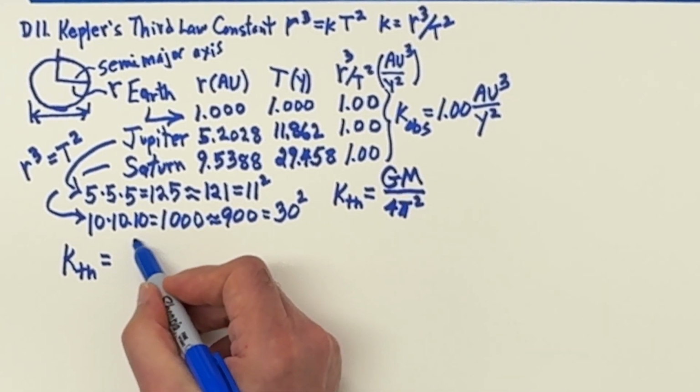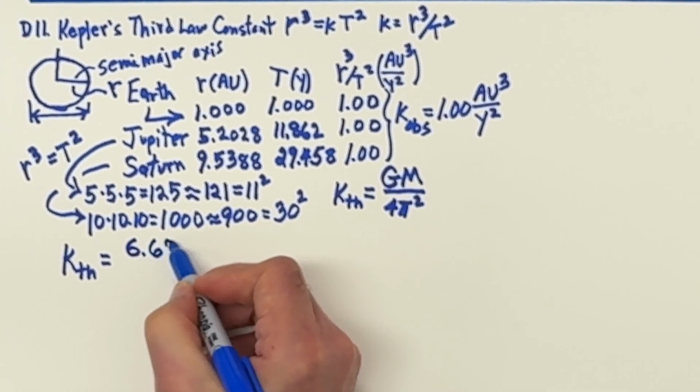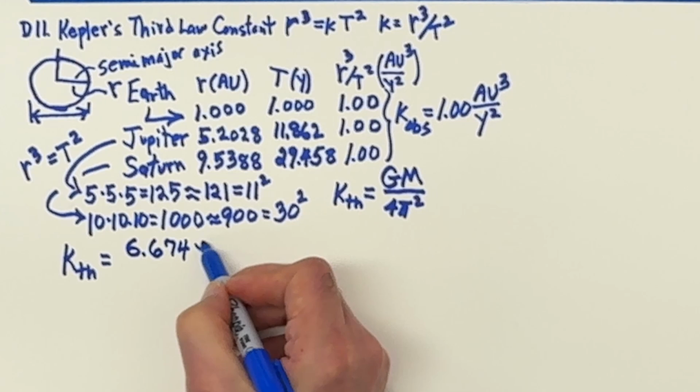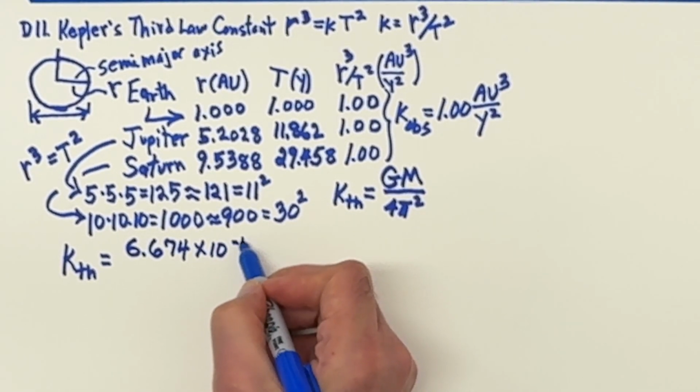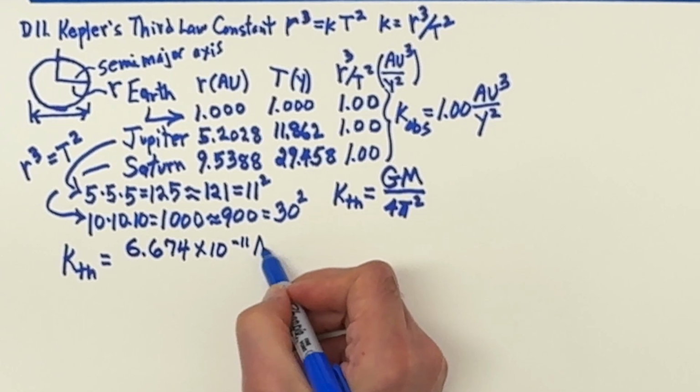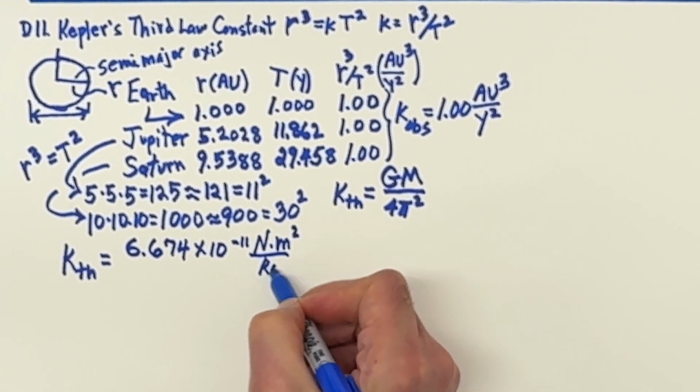So G is 6.674 times 10 to the minus 11 Newton meters squared over kilogram squared.